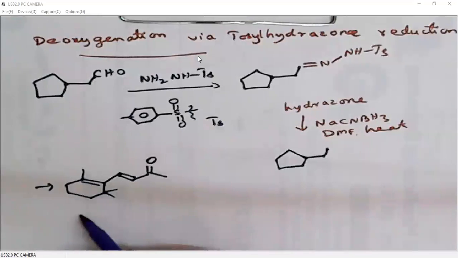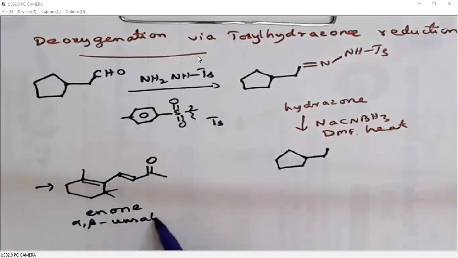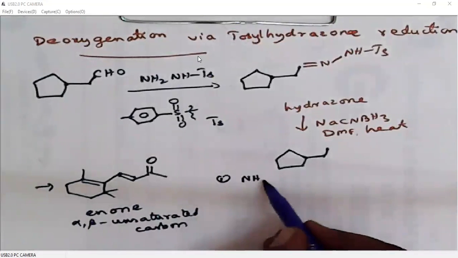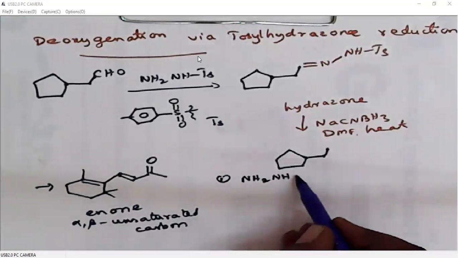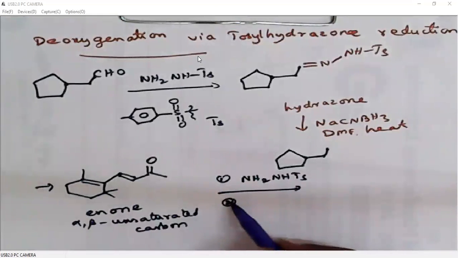This is an enone, right? An enone, alpha beta unsaturated enone, or we can say alpha beta unsaturated carbonyl. When we do the same reaction on an alpha beta unsaturated carbonyl, what happens?